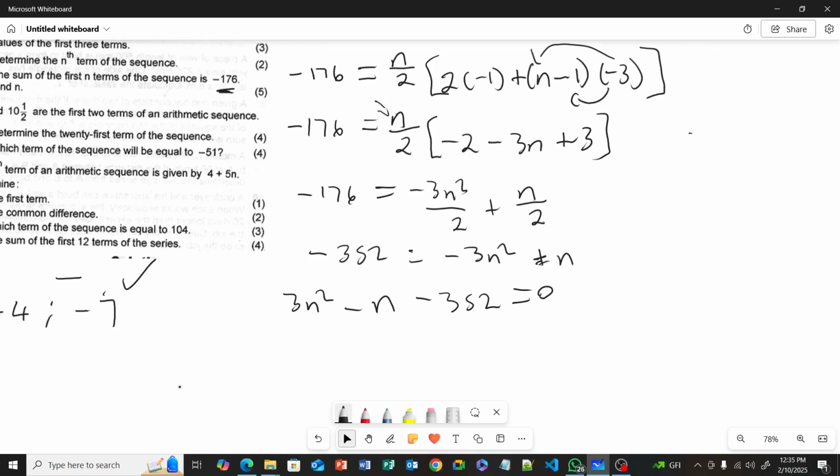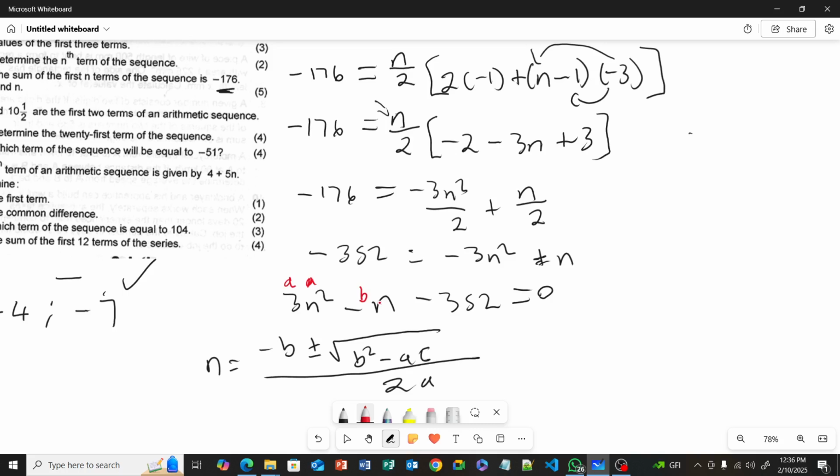So the formula that we are going to use is n equals minus b plus or minus the square root of b squared minus 4ac, over 2a, where the coefficient of n squared is a, the coefficient of n is b, and then this constant is c, together with the negative sign.